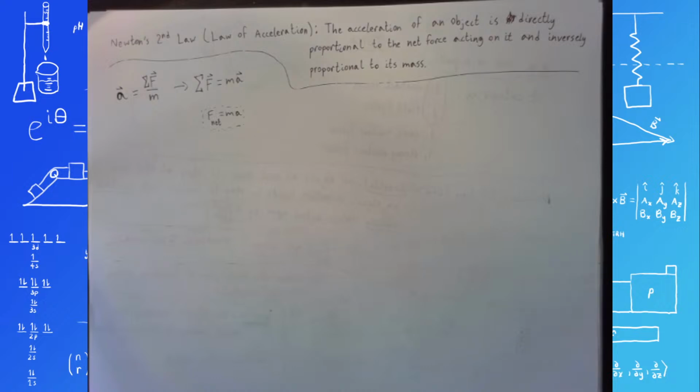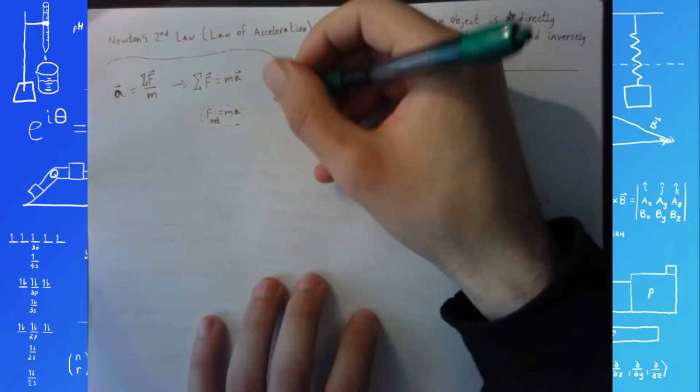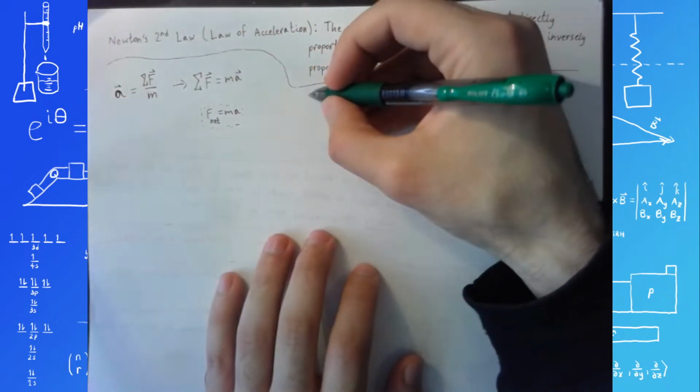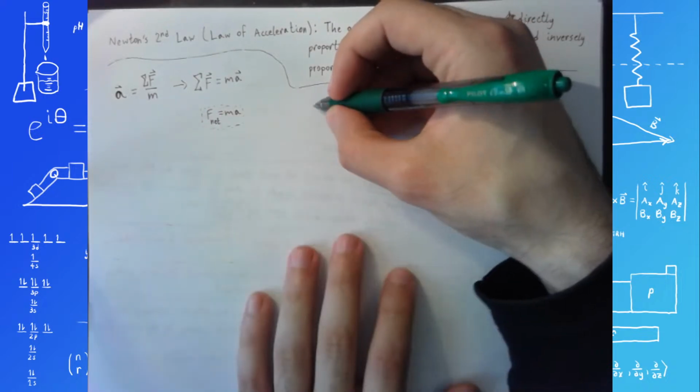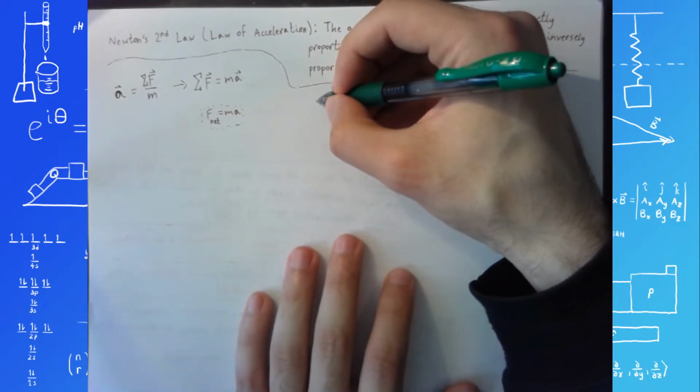Okay, there was something else I wanted to say here. Oh, yes. So what on earth is a Newton? This equation tells us net force is going to be in units of force.